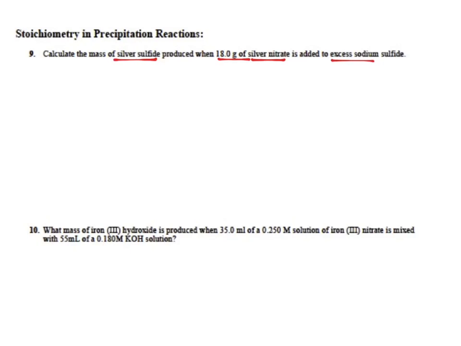So a lot of stuff going on here. First thing we have to do is write the equation. We know mass of silver sulfide produced, so that is going to be on the other side of my arrow: Ag2S.